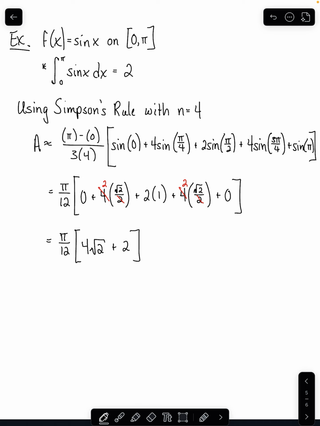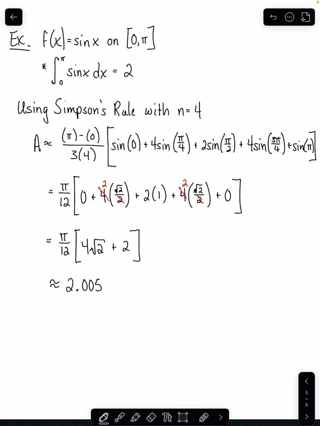So you can see we have some slight differences. When we did this with the trapezoid rule, we had pi over 8, and we had 2 times the square root of 2 plus 2. So some slight changes. A change in the denominator under the pi, and a change in the coefficient in front of the square root of 2. But ultimately, these changes end up giving us a more accurate result.